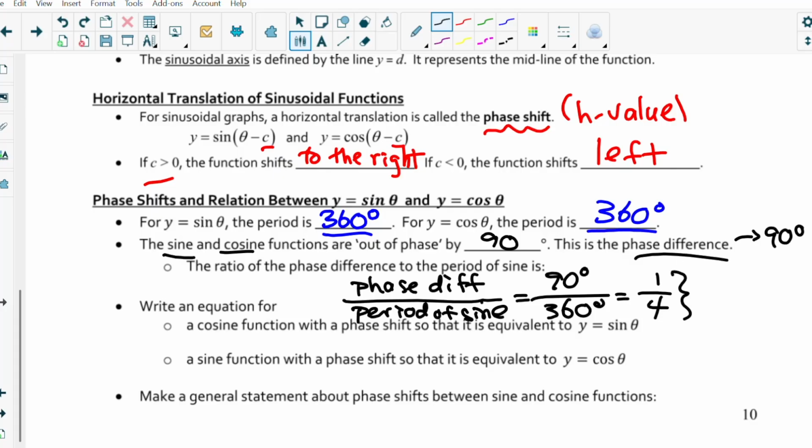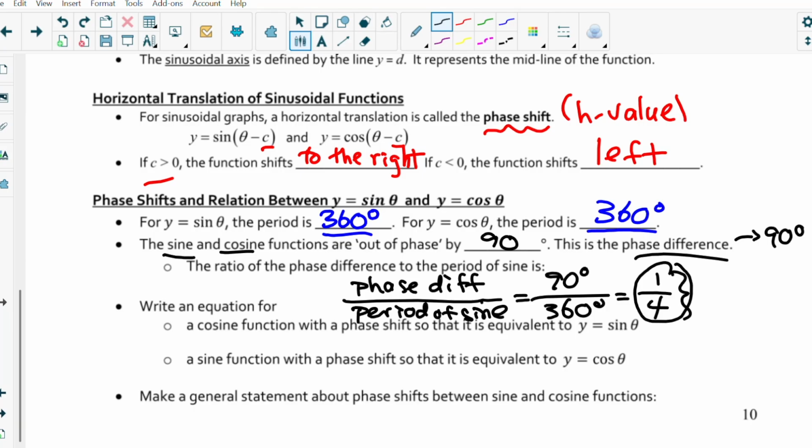This will come in handy later when we have to rewrite equations. If I give you an equation of a sine function, the classic question is to rewrite it in terms of cosine, or if I give you a cosine function, rewrite it in terms of sine. You have to take into account this phase shift, and this 1/4 ratio, we'll show you later, will come in handy.